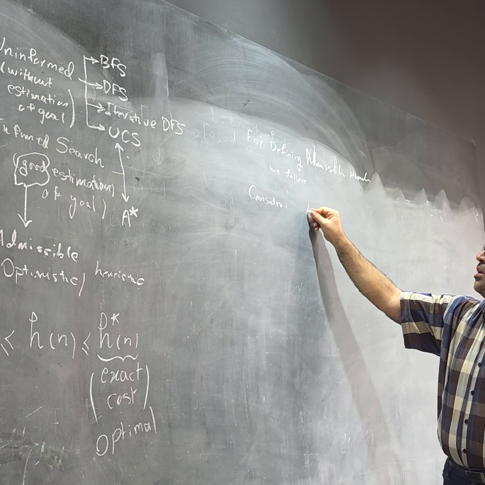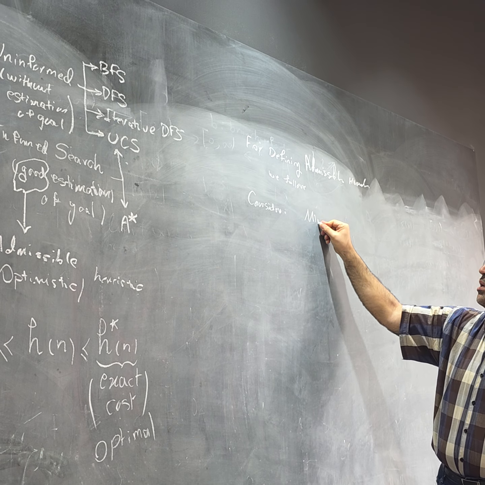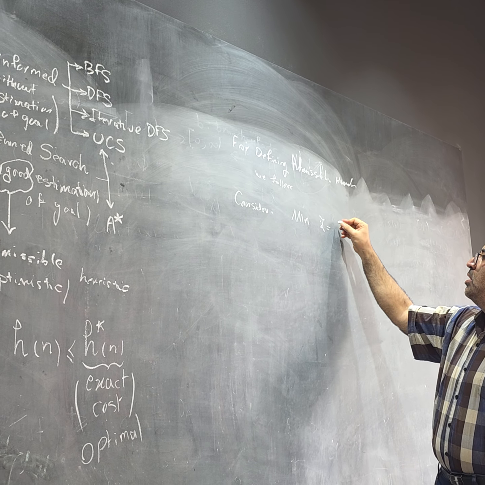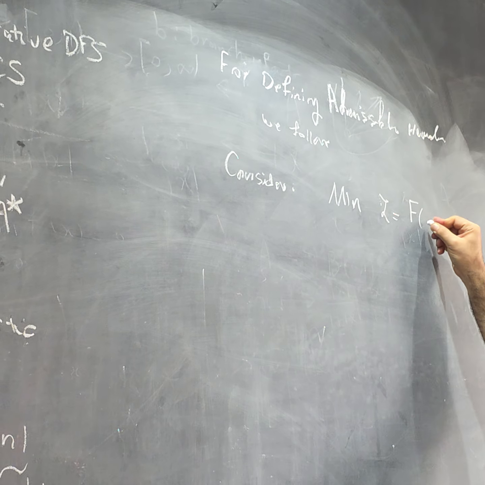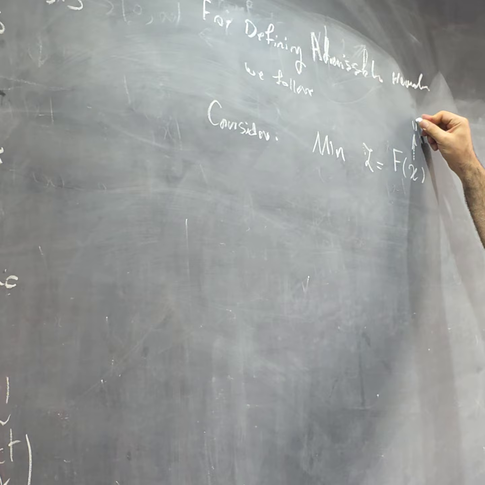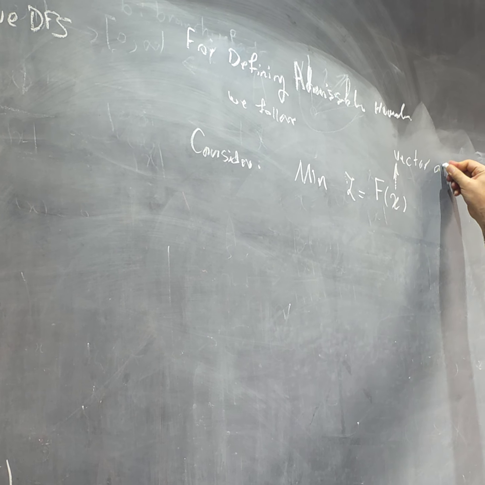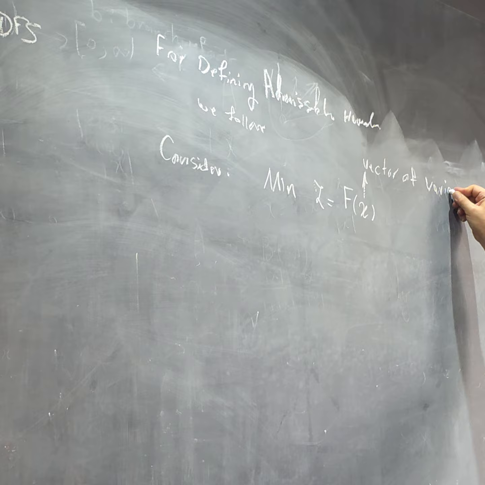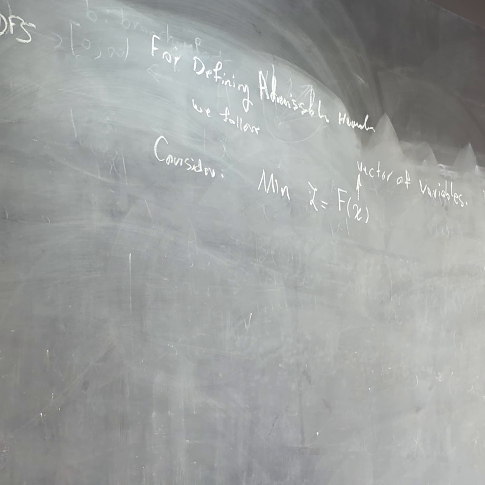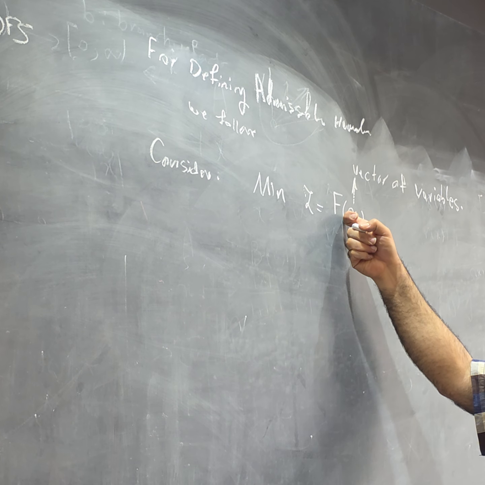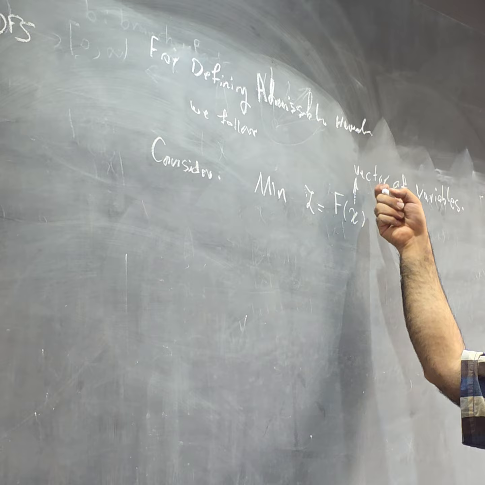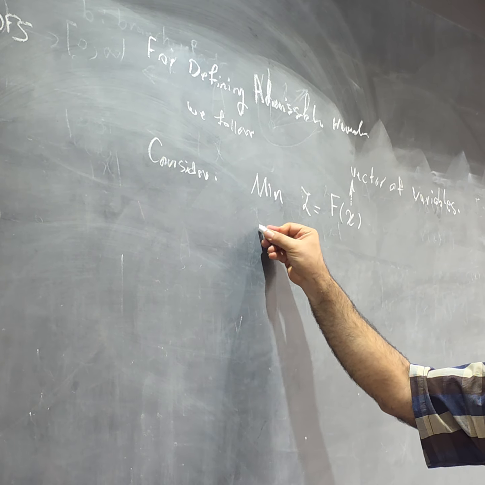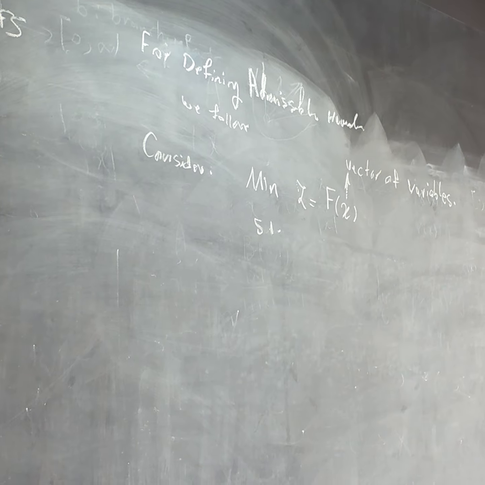We should minimize an objective function z equal to f(x), x a vector variable, where z is the value of f with respect to x, subject to constraints.